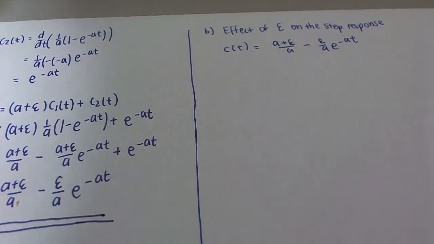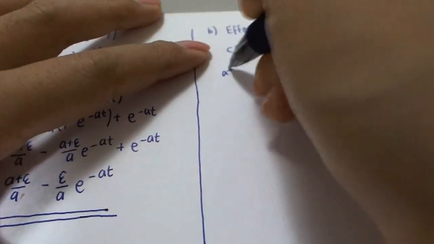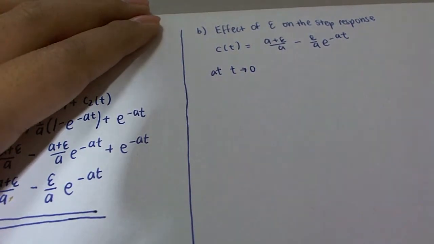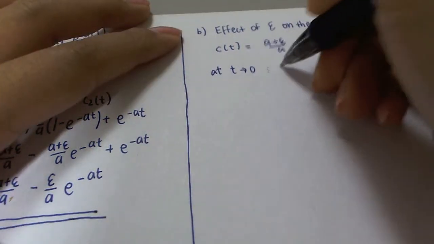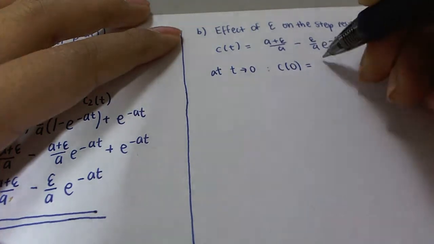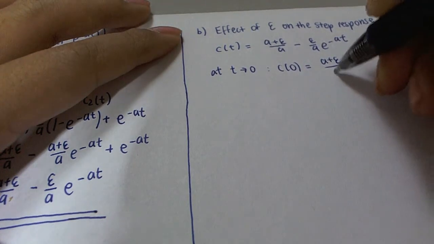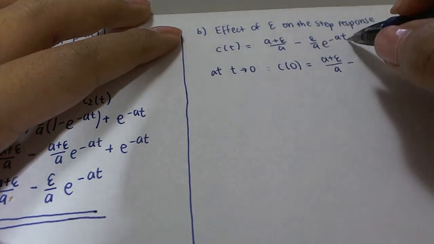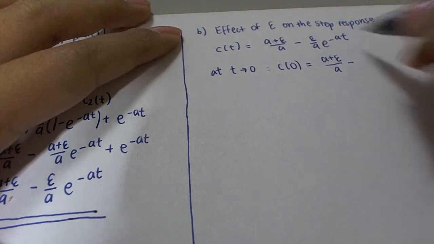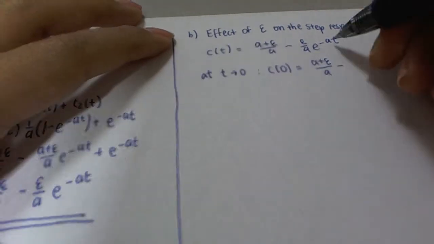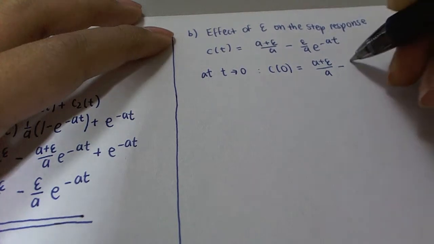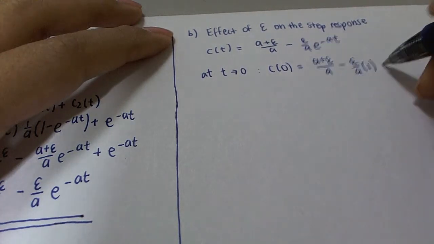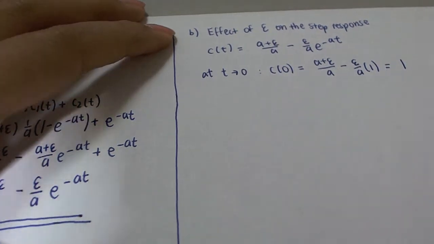And we can find first the step response at t tends to 0, which is the initial component. And this is equal to (a plus epsilon) over a minus epsilon over a, substituting t as 0, we get 1. So we have epsilon over a multiplied by 1, and this equals 1.